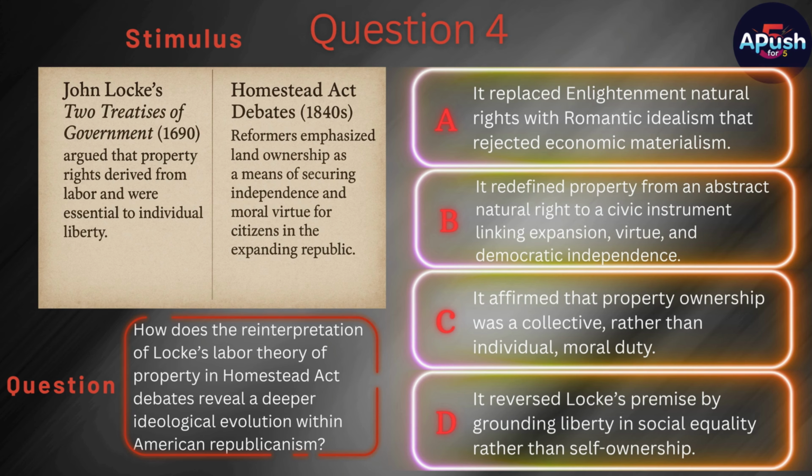B. It redefined property from an abstract natural right to a civic instrument, linking expansion, virtue, and democratic independence. C. It affirmed that property ownership was a collective rather than an individual moral duty. D. It reversed Locke's premise by grounding liberty in social equality rather than self-ownership.